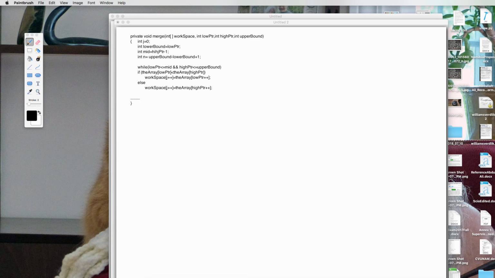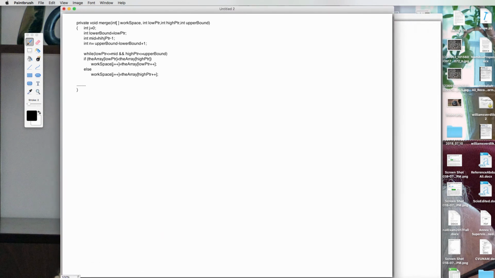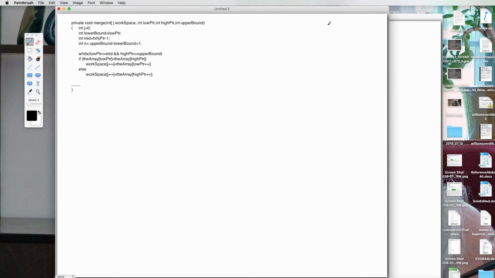Now, here is a part of the merge that they're using here. And what I'm doing here is I'm actually looking at the full implementation of this algorithm. And in your book, that occurs on pages 288 and 289.